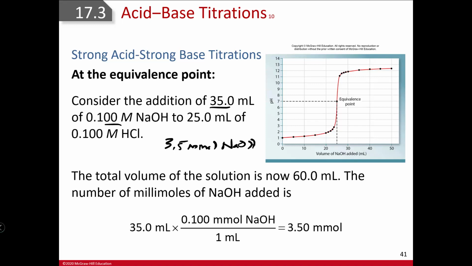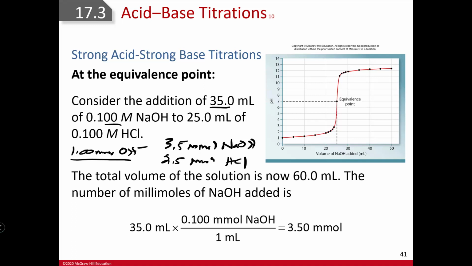And you only had 2.5 millimoles of hydrochloric acid. So now you have excess. If you subtract that, you'd have 1 millimole of sodium hydroxide.